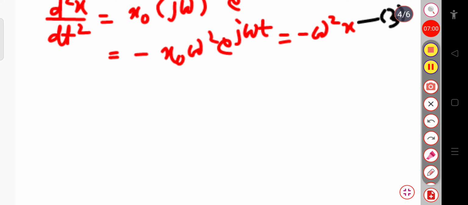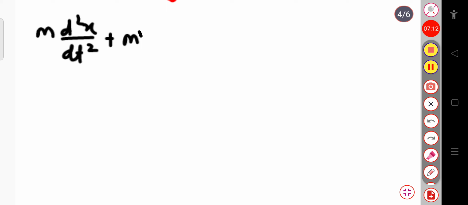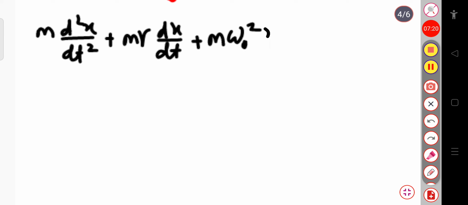This will be m d square x divided by dt square plus m gamma dx by dt plus m omega naught square x, that is equal to small e, that is the charge, into E naught, the electric field, into exponential j omega t.